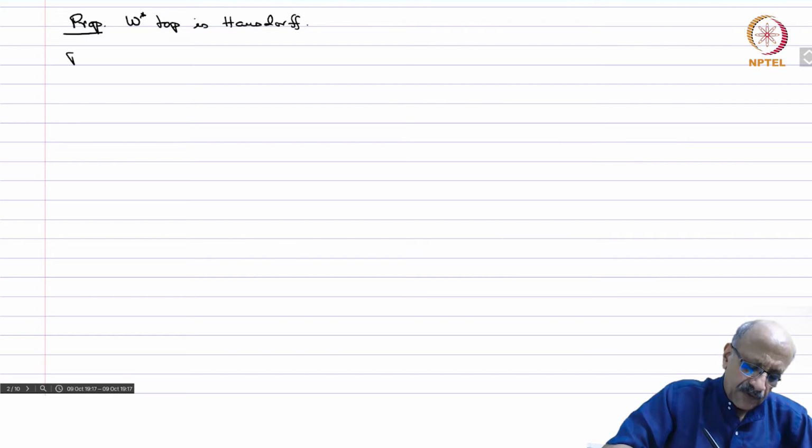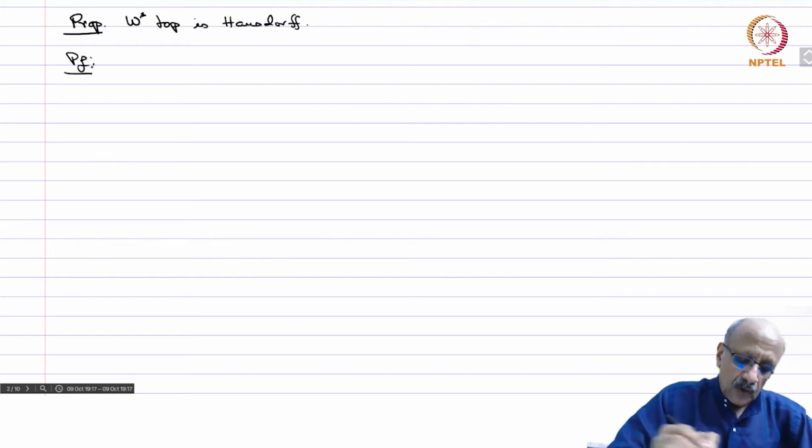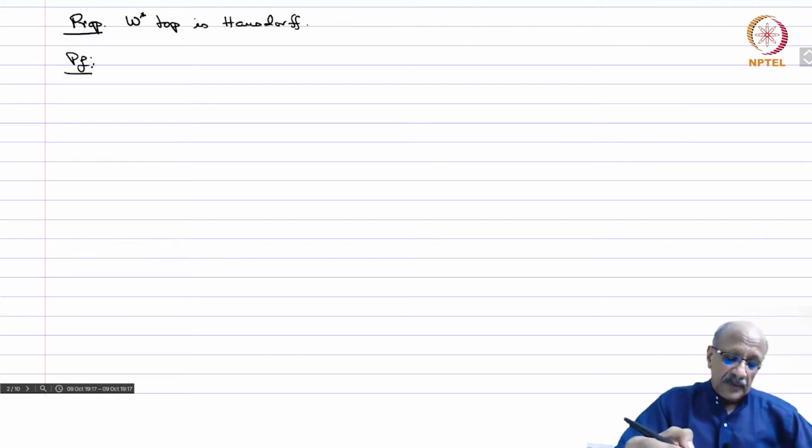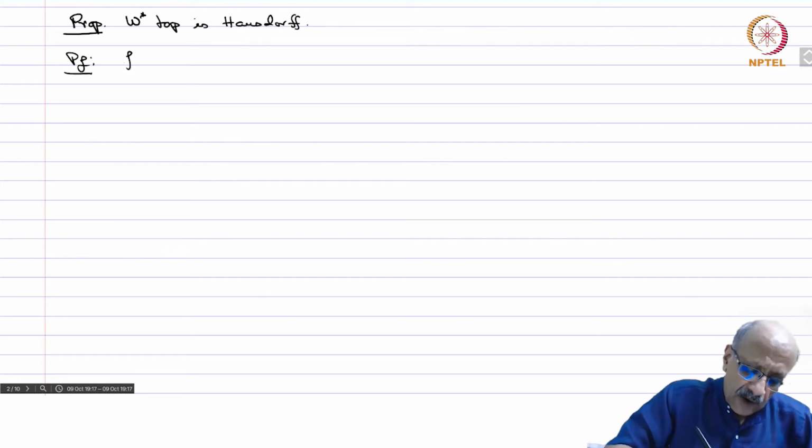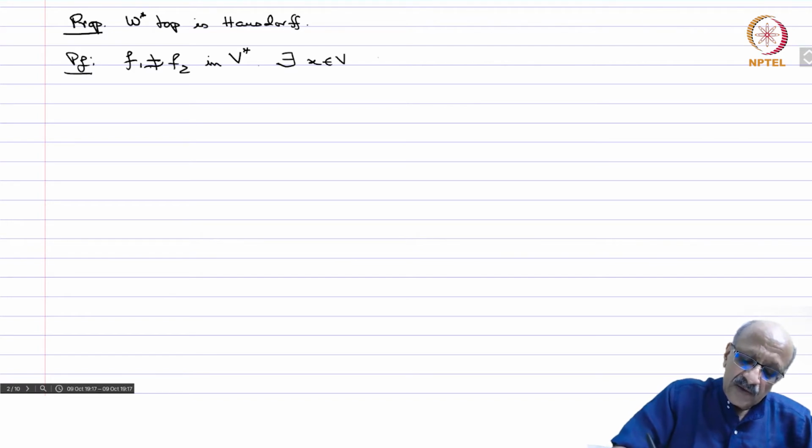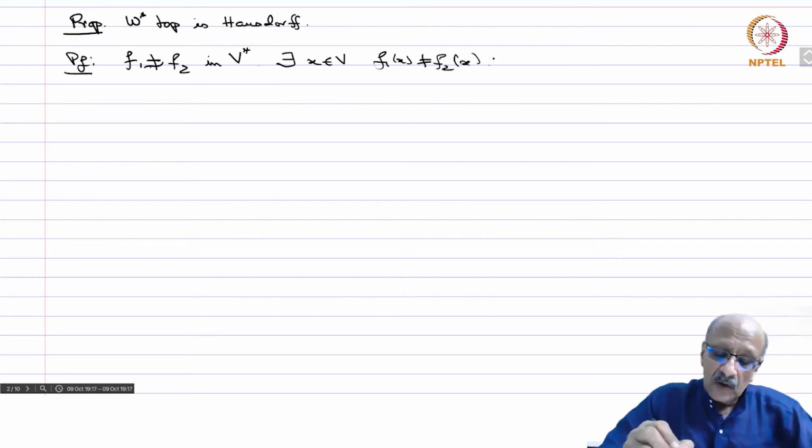Okay, so proof. So what should you do? You should find two disjoint weak star open sets. So let f1 not equal to f2 in V star. So what does it mean? That means there exists an x in V such that f1(x) is not equal to f2(x). This is what we mean when two linear functionals are not the same.